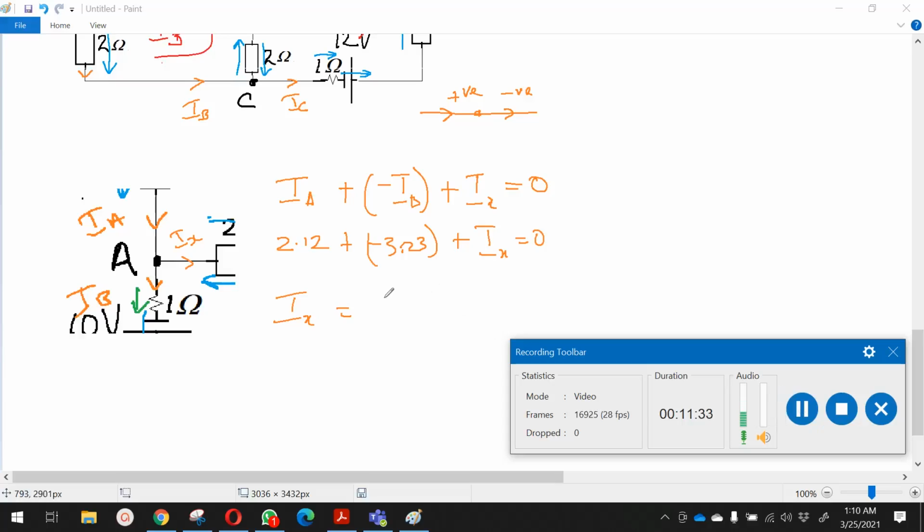I get 1.11 amps. So that's the current Ix.